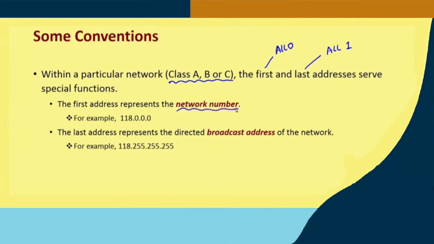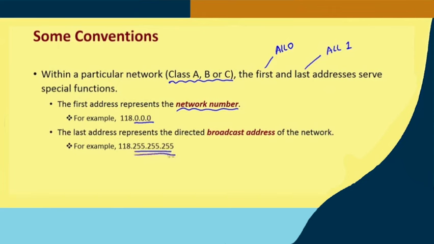The all 0 address specifies the network number. Like 118 is the address of the network; if you write 0 in the host part, this identifies the network 118.0.0.0.